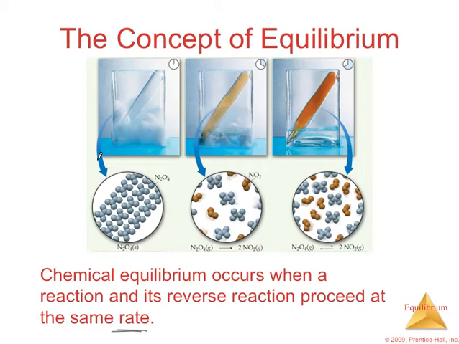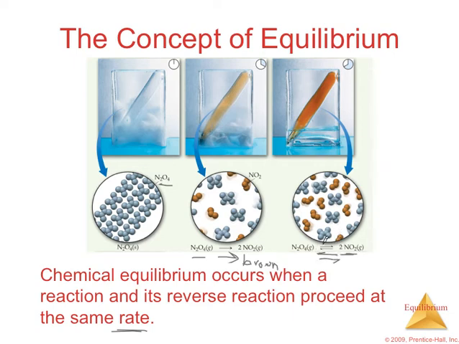So if we look at this example, I've got dinitrogen tetroxide. As this heats up, for every 1 mole of the dinitrogen tetroxide, I get 2 moles of nitrogen dioxide, and this is the brown color that you see. Over time, I will generate enough of this nitrogen dioxide, and actually from the very beginning, some of the nitrogen dioxide will go back and form the reactants.